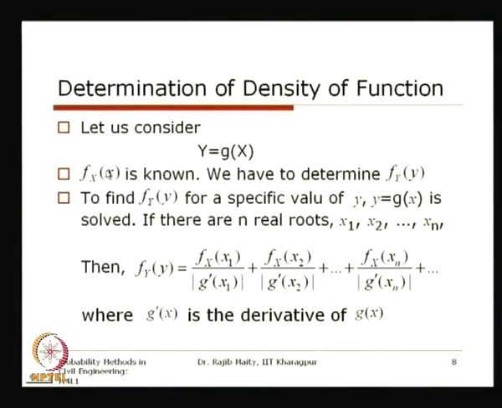This density is known for x, the relationship is known, and the function satisfies those three requirements to be a function of a random variable. With these in hand, we have to determine f_Y(y), the probability density function of y.